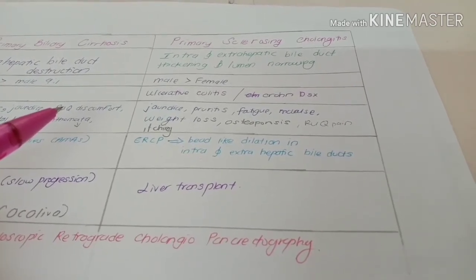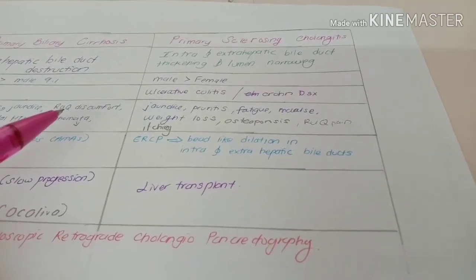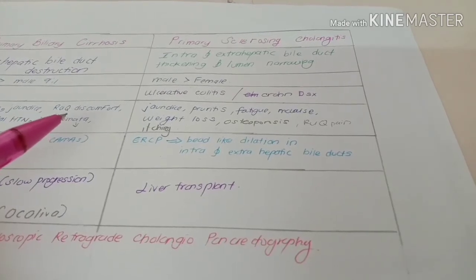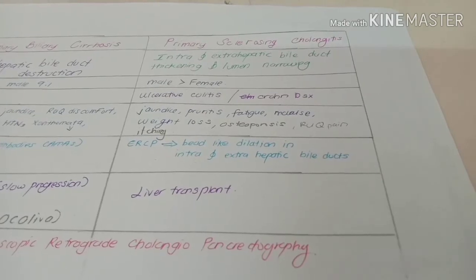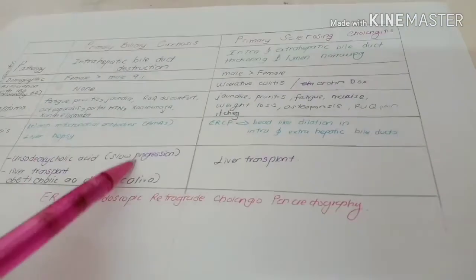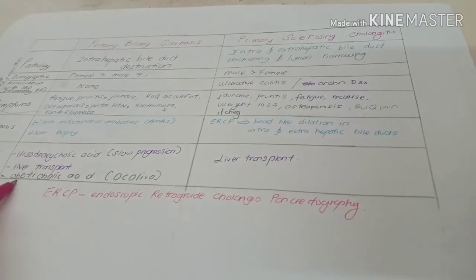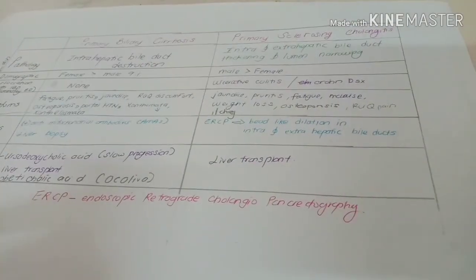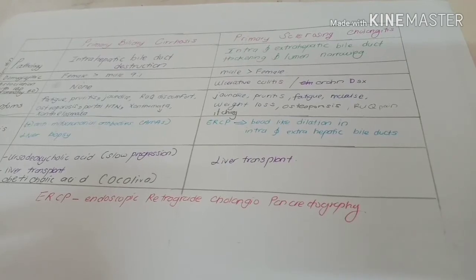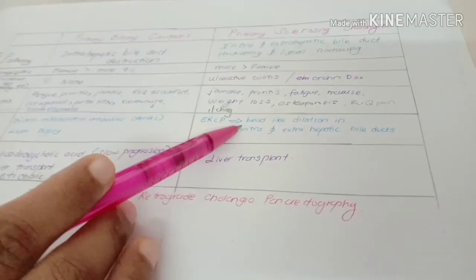What are bile acid sequestrants? They are the first line treatment for itching in primary sclerosing cholangitis. And you can also use ursodeoxycholic acid. We can use all these medications for primary sclerosing cholangitis in the early stage of the disease.